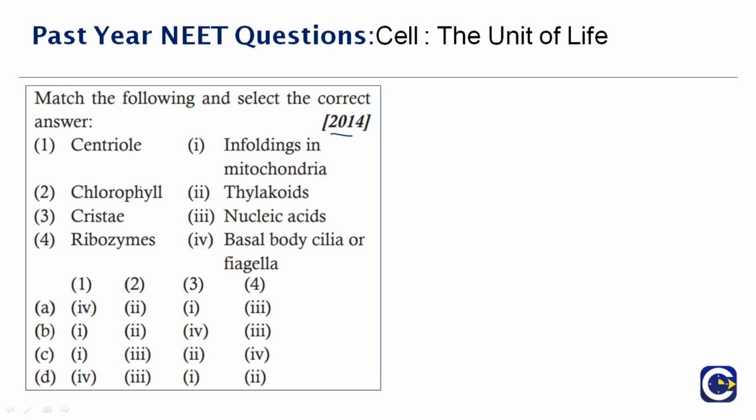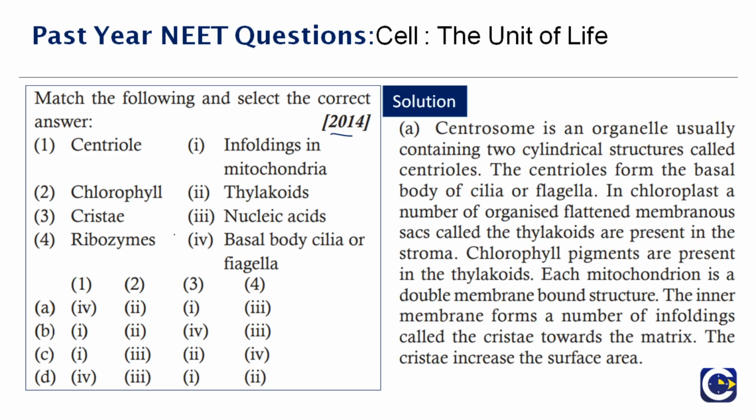We'll go with the ones that we know first. Chlorophyll is present in dash. Cristae, we already saw, are the infoldings in mitochondria. Ribosomes, they are associated with. Any idea? I'll give you the answer. The correct answer to this question is option A.